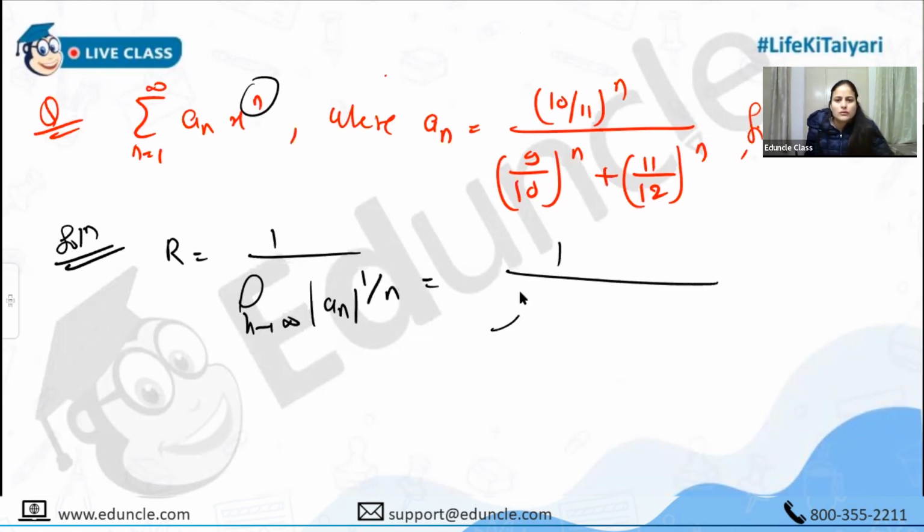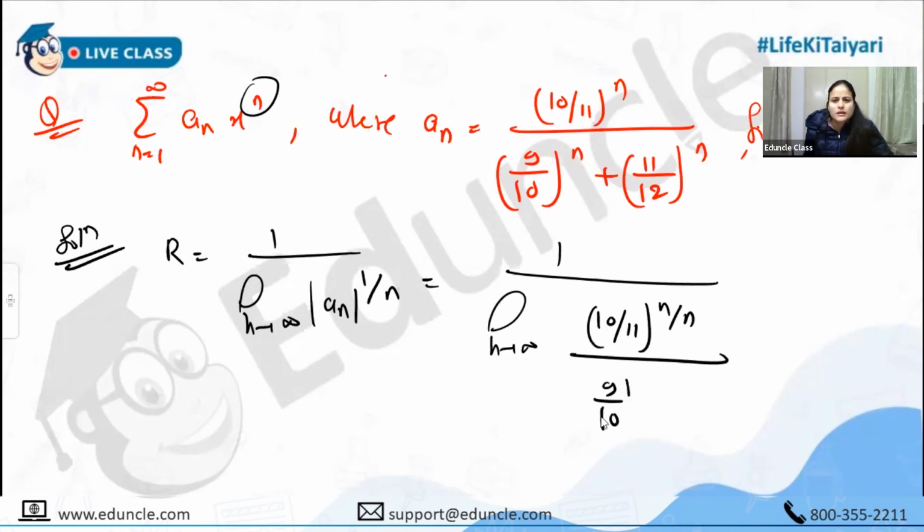So 1 upon limit n tending to infinity (10/11)^n upon n, because it is positive we can remove the mod, and 10 by (9/10)^n plus (11/12)^n, and the whole power is 1 by n.